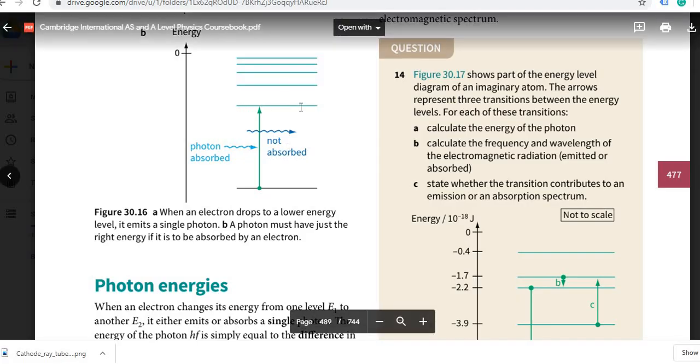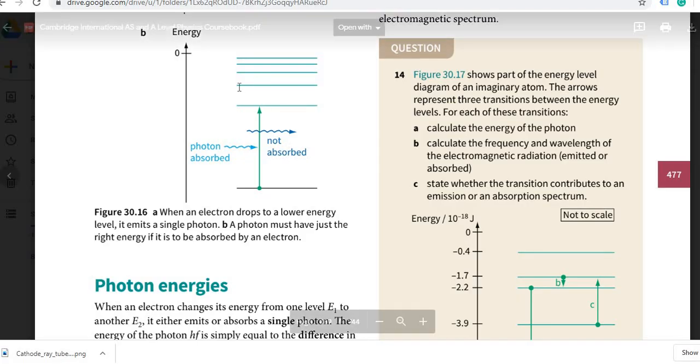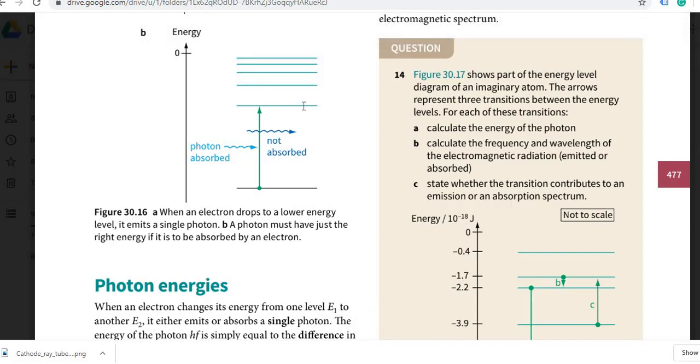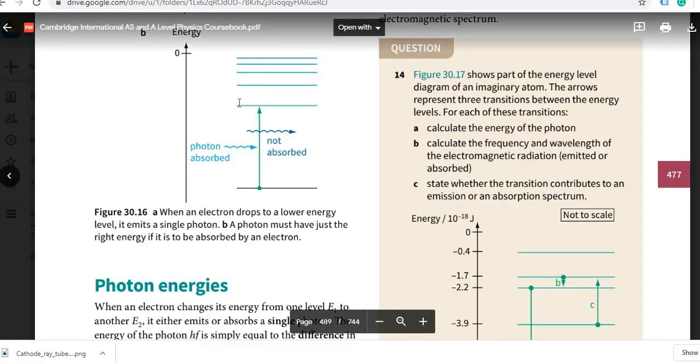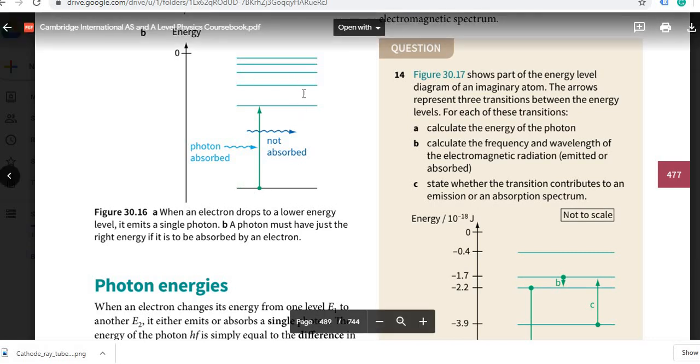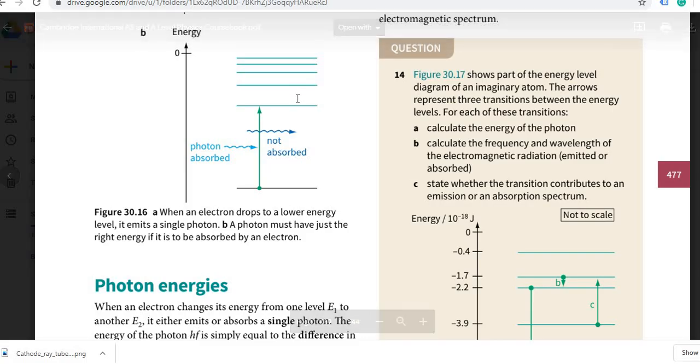So this is at a higher energy level than this, and this is at a higher energy level than this. These horizontal lines represent the energy levels. So if there is an electron here, the electron always exists at these specific energy levels only. It can't stay somewhere in the middle. If it's staying, it has to stay on one of these lines, on these energy levels.